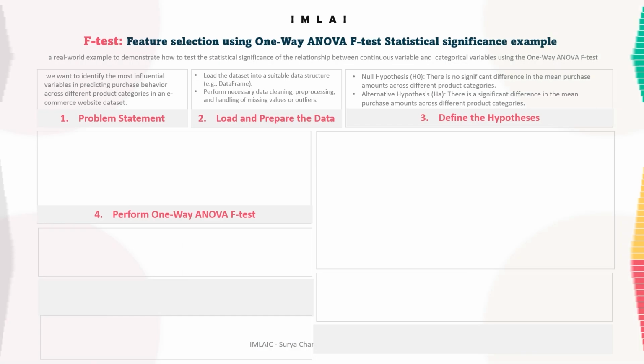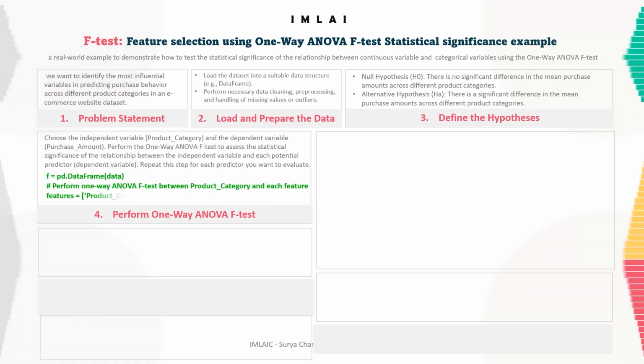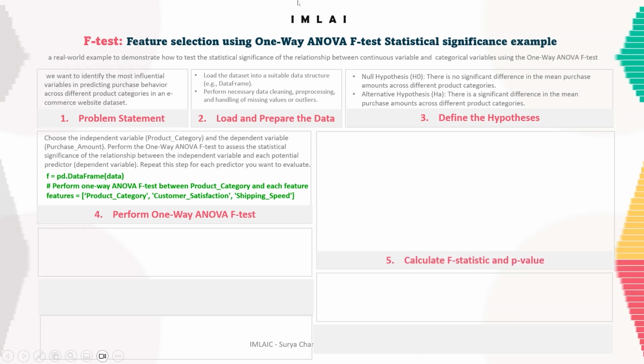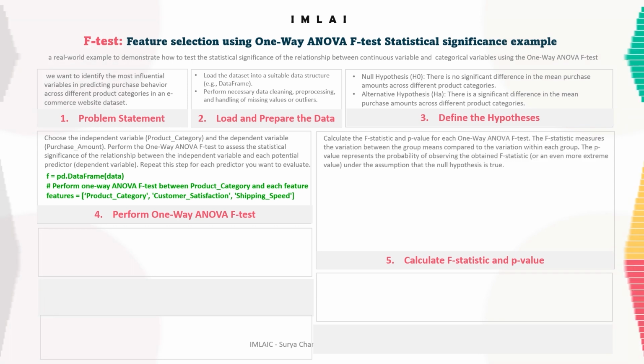Now let's get to step 5, which is to calculate the F statistic and p-value for each one-way ANOVA F-test. The F statistic measures the variation between group means compared to the variation within each group.